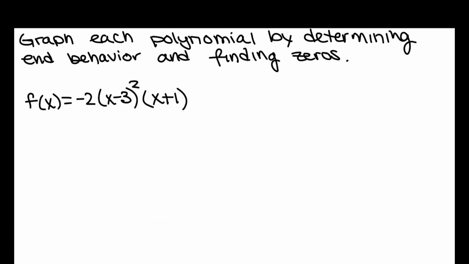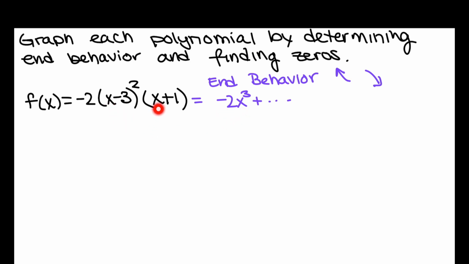All right, let's do another example. We've got the function f of x equals negative 2, x minus 3 squared, x plus 1. So for the end behavior, if I were to multiply all this out, we have a negative 2, we'll have an x squared, and an x. That means our leading term will be negative 2x to the third.